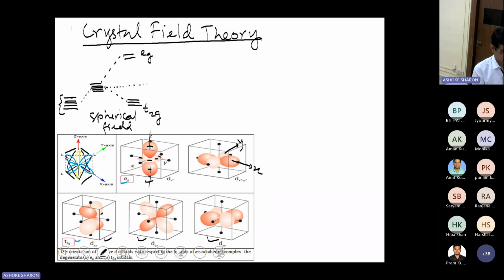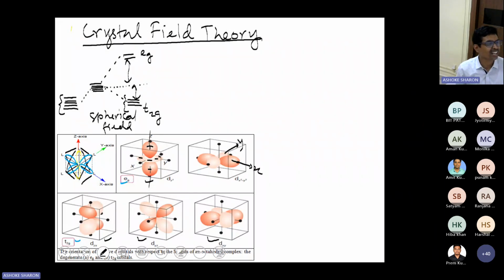These three orbitals, lower panel, xz, yz, and xy, are lowered by a certain amount of energy, or stabilized. But to maintain the barycenter, the other two orbitals, that is the eg set, are increased by a certain amount of energy.